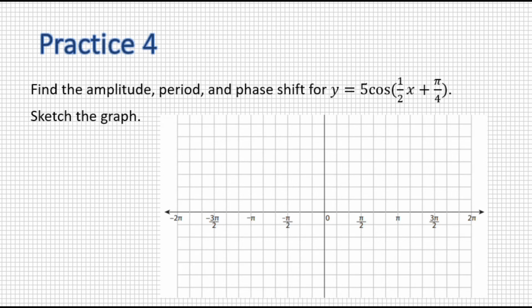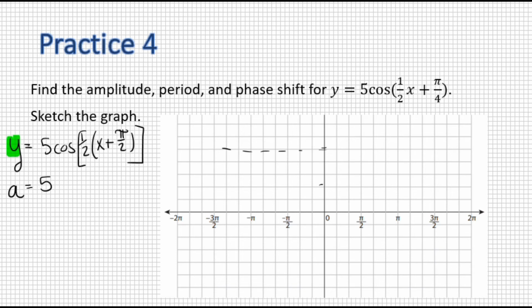So clean up the equation first, hopefully not with a highlighter. Y equals 5 cos. Factor out the 1/2, leaving x plus pi over 2. Excellent. All right, amplitude is 5. I'll go put that on.